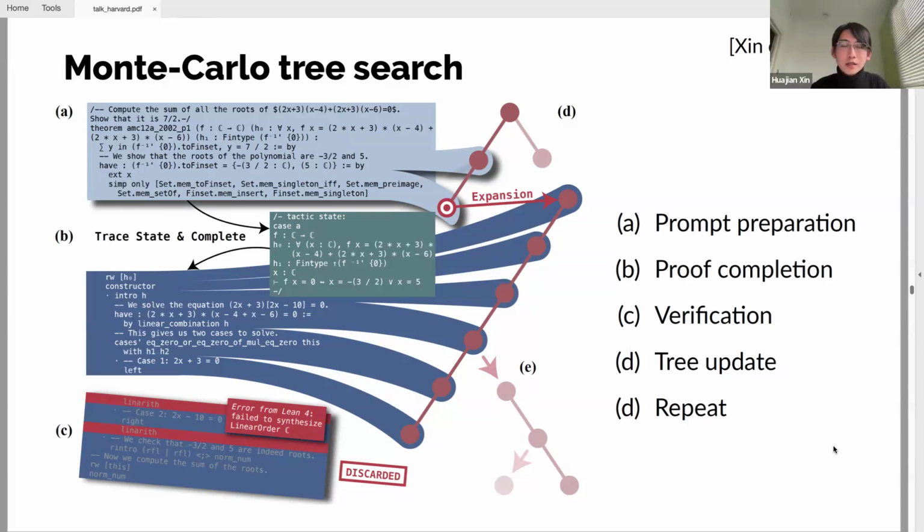Indeed, we do not spend much time on optimizing the foundational infra of Lean verification, and we just straightforwardly use the standard REPL, the tool by Kim. And we really feel that Lean verification is quite slow.